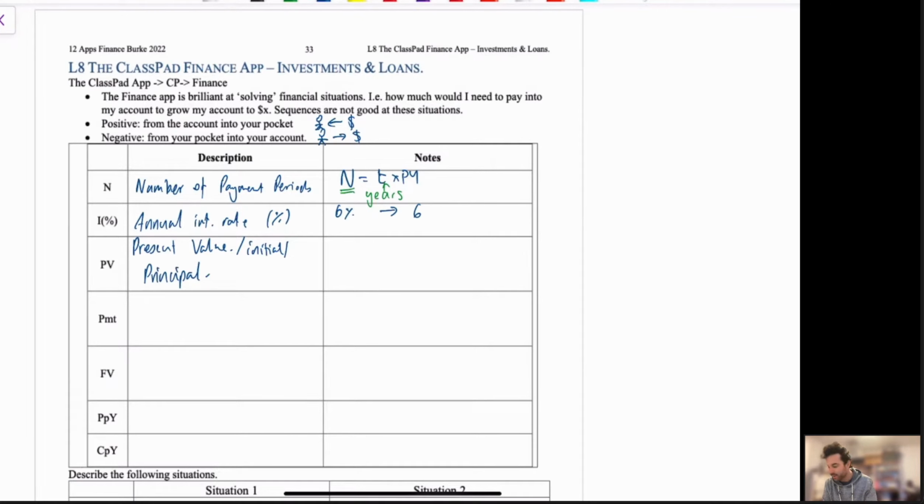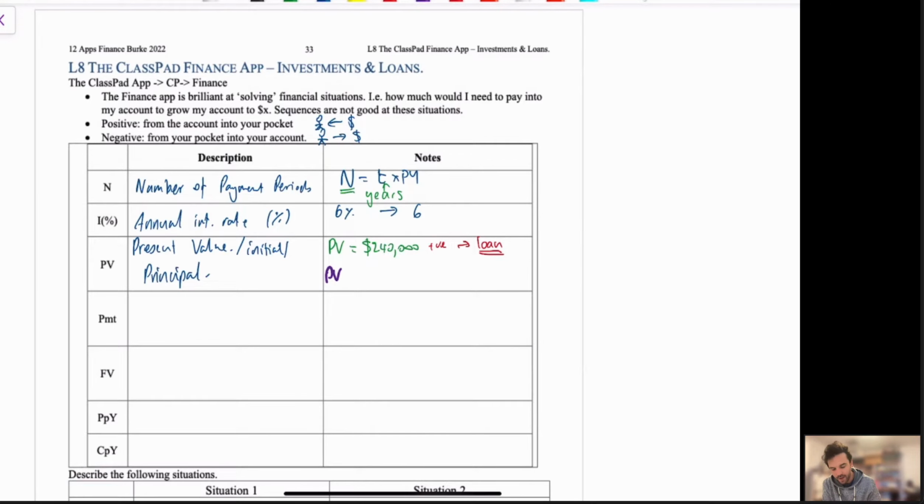Okay, now let's put some examples down. If I put in a PV of $24,000, let's think about our man. If we've got a positive value, i.e. positive 24,000, what does that mean? Well, let's have a look. Positive from the account into your pocket. That means you're getting a loan of $24,000. Okay, now let's think of a different example.